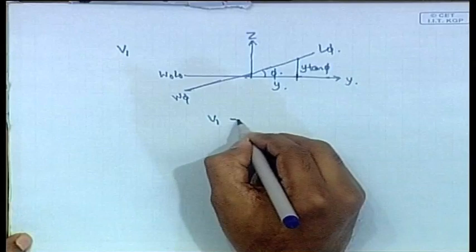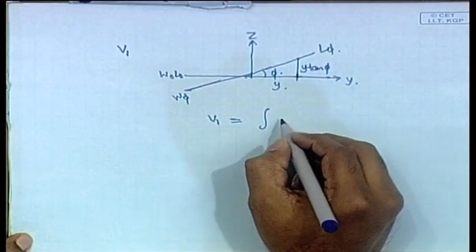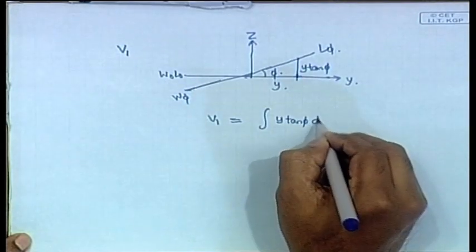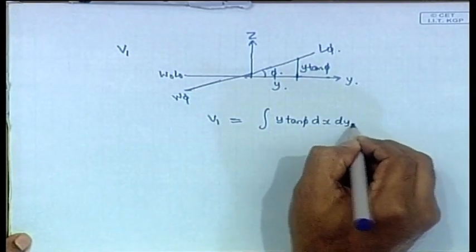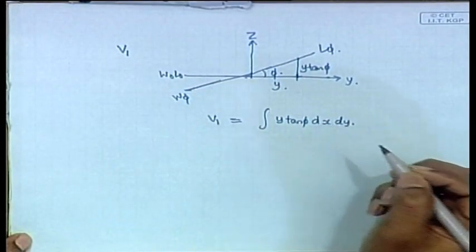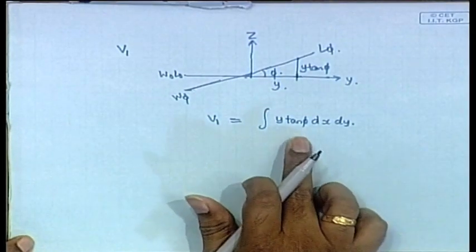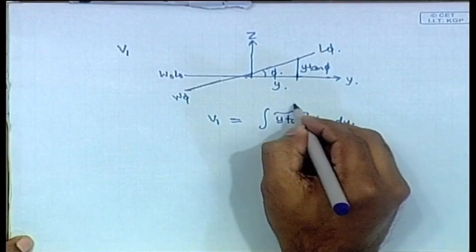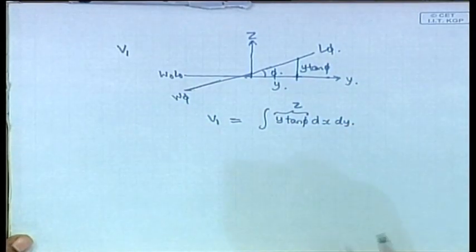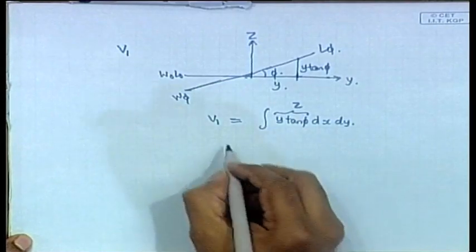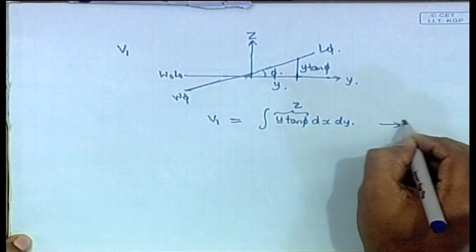Now, V1, that has gone out, is defined as the integral of z dx dy, that is a volume, and z is y tan phi, because we are seeing it from that figure. Similarly, this is the volume that has emerged.